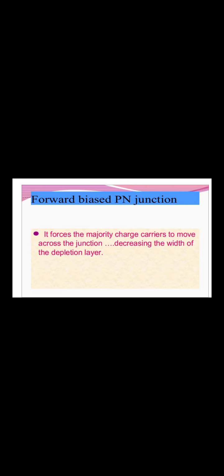These are the functions. The forward biased PN junction forces the majority charge carriers to move across the junction by decreasing the width of the depletion layer. If the positive terminal is connected to the P-type material and the N-type material to the negative terminal of the battery, the width of the depletion layer decreases, it becomes negligible, and current flows.